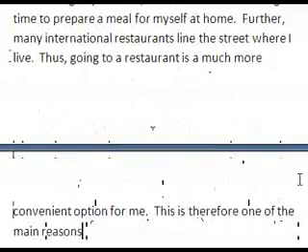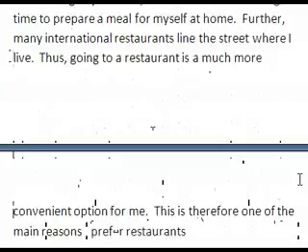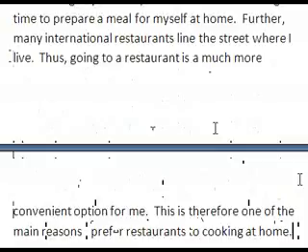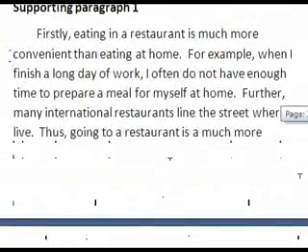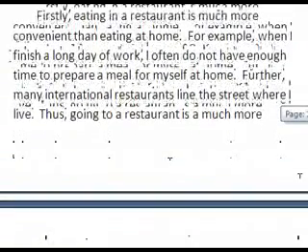Okay, and then finally the last sentence, all it's doing is linking this whole paragraph to the idea of the topic. So we would say something like, this is therefore one of the main reasons I prefer restaurants to cooking at home.